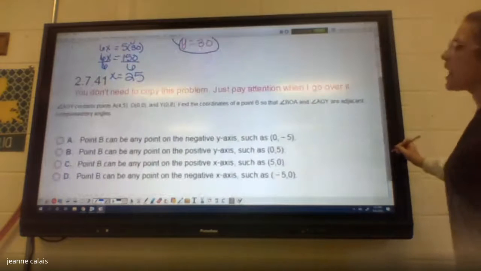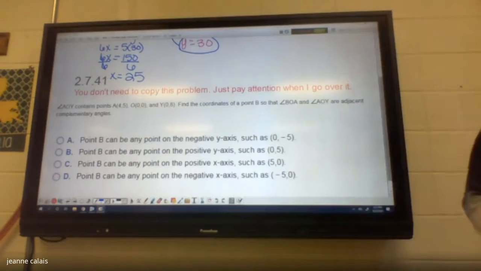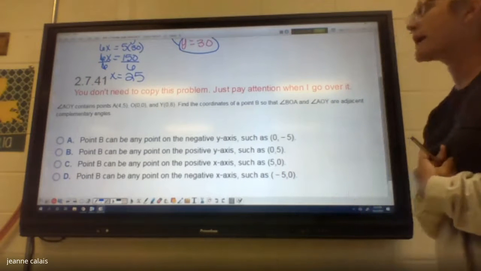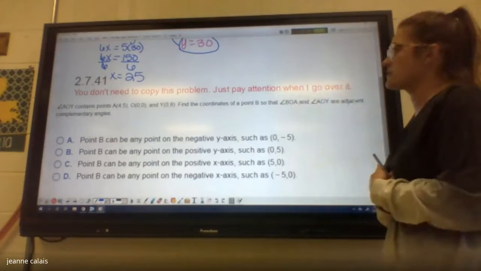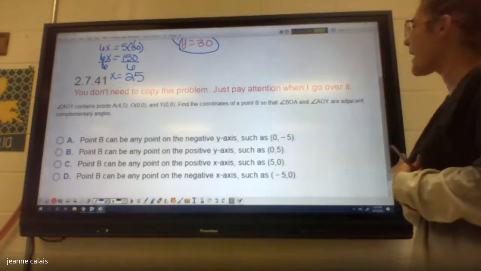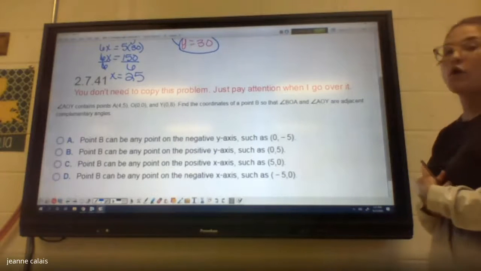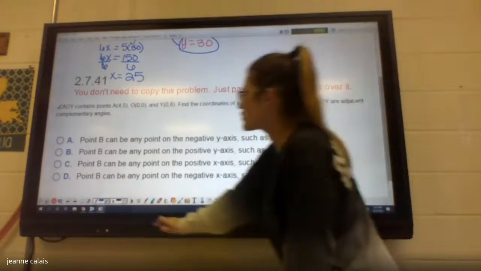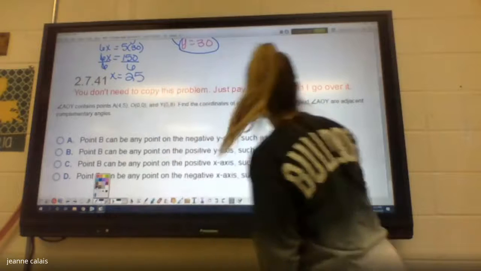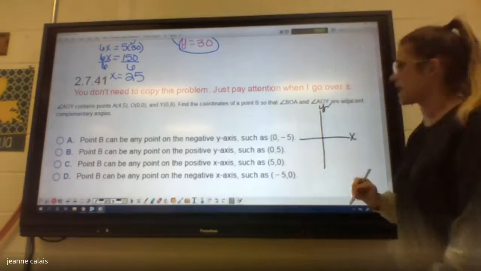This one, I said you don't need to copy down this problem, just pay attention. It says angle AOY contains those coordinates. Find the coordinate of point B so that angle BOA and angle AOY are adjacent complementary angles. So this is what we got. We got an x-axis, we got a y-axis, okay?